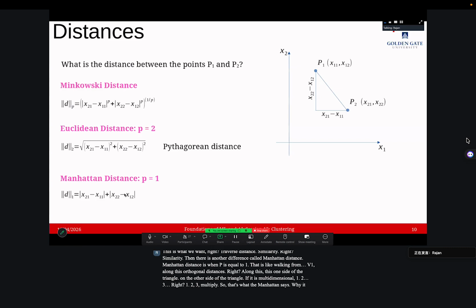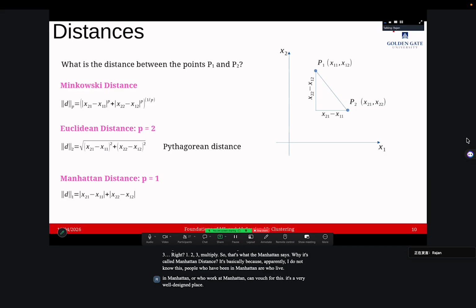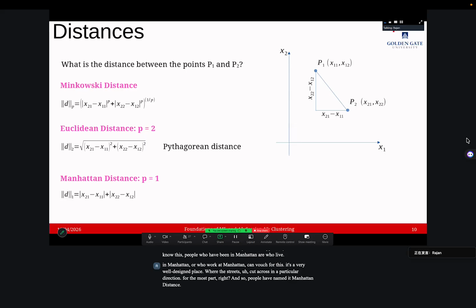Why is it called Manhattan distance? Apparently, and I do not know this myself, people who have been in Manhattan or live or work there can vouch for this: it's a very well designed place where the streets cut across in a perpendicular direction for the most part, and so people have named it Manhattan distance.